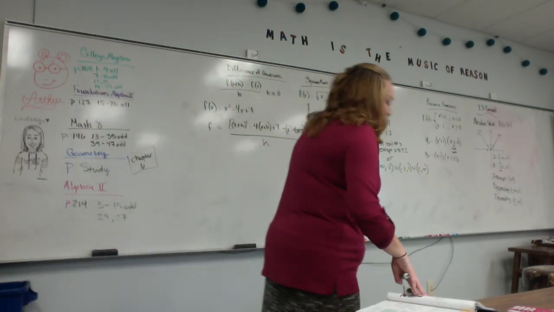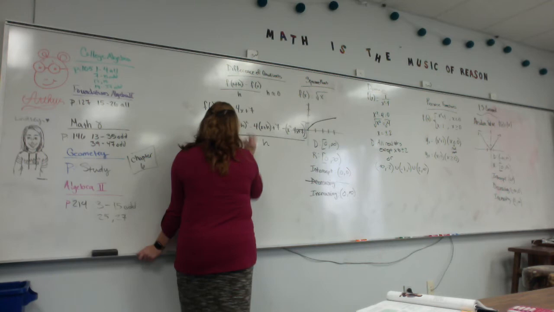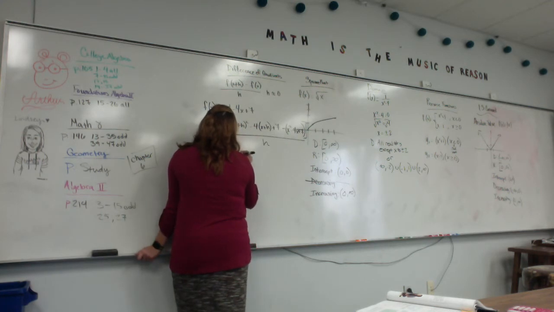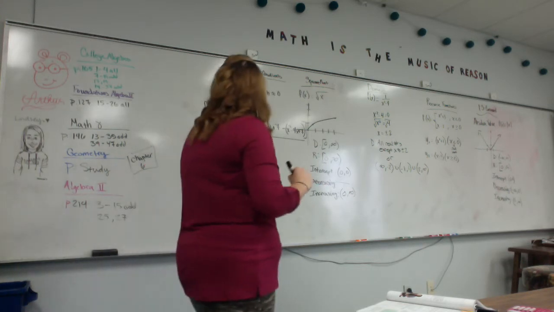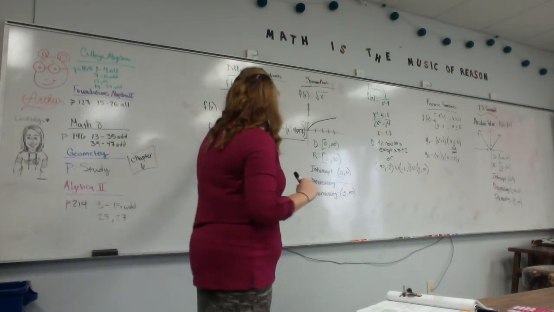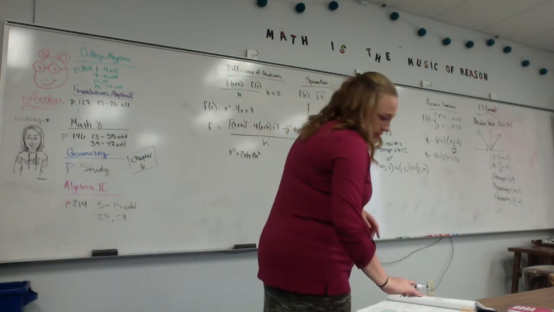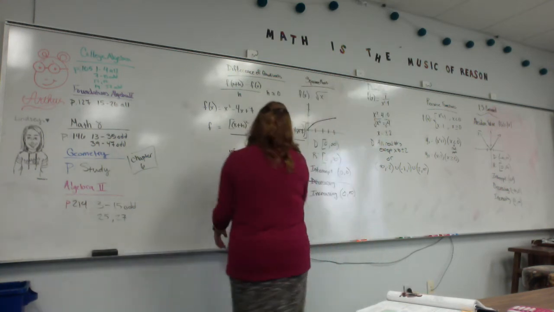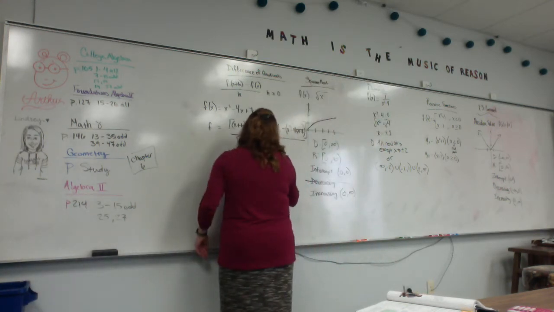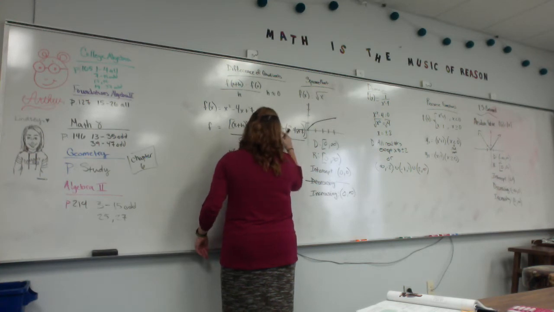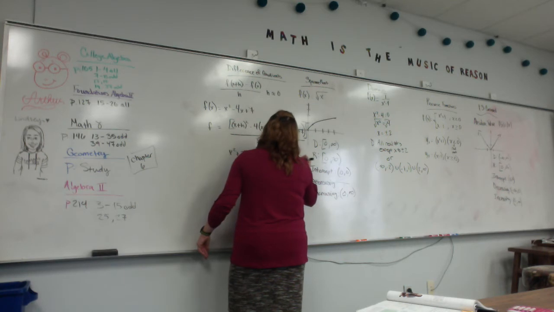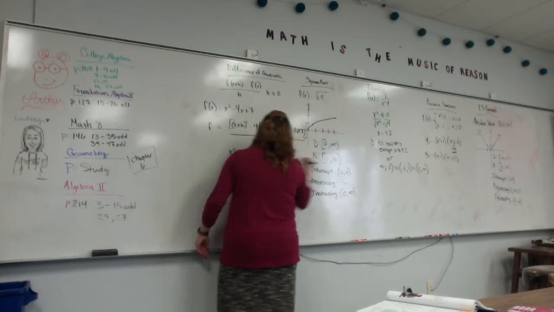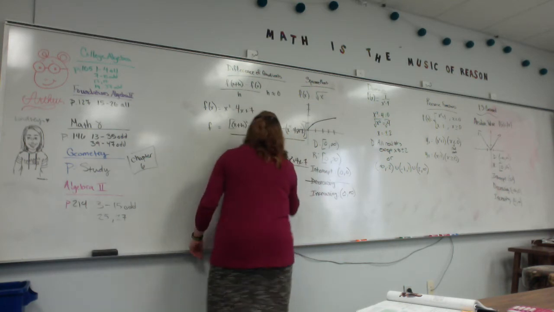From there, if I FOIL this out, you get x squared plus 2xh plus h squared, because I can do that in my head. Then you get minus 4x minus 4h, and then plus 7, and then minus x squared plus 4x minus 7, all over h.